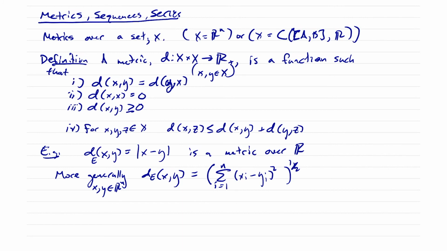And so that is the Euclidean distance. And we say that d_E is the Euclidean distance on R^n.